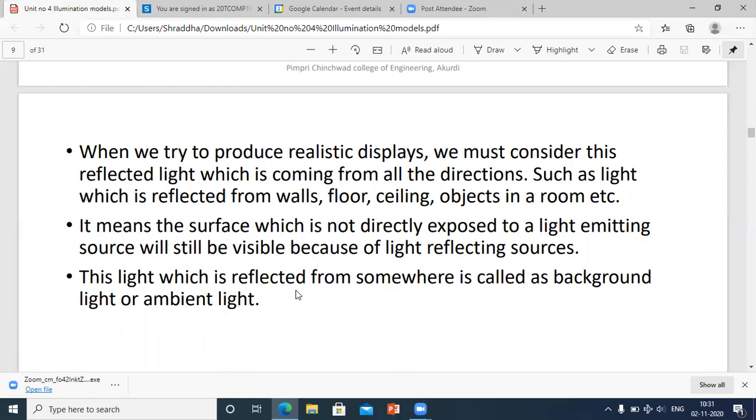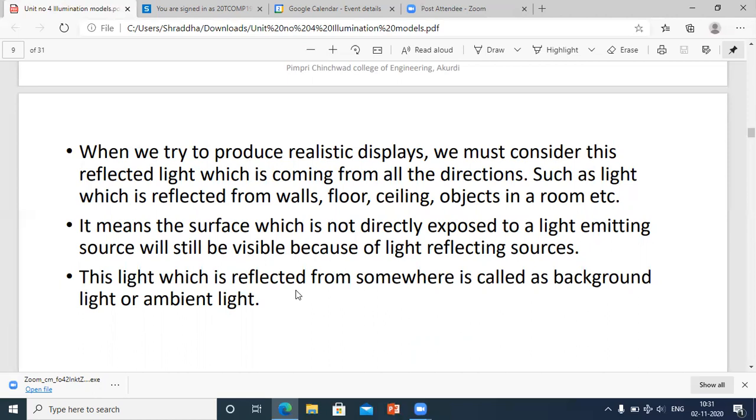So it means the surface which is not directly exposed to the light emitting source will still be visible because of light reflecting sources. For example, if there is a room, and you switch on the lamp, there are some objects kept in your room, like a stool or table or chair, etc., that don't produce their own light.